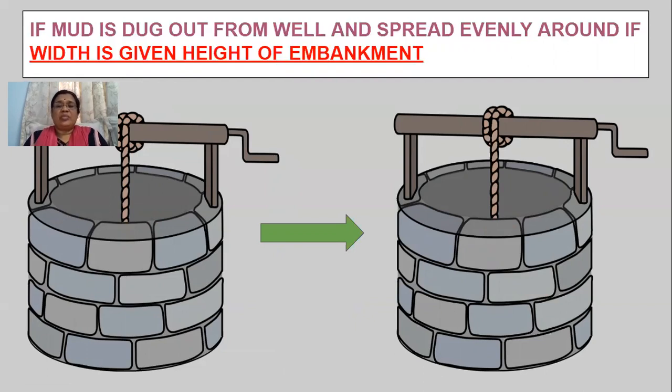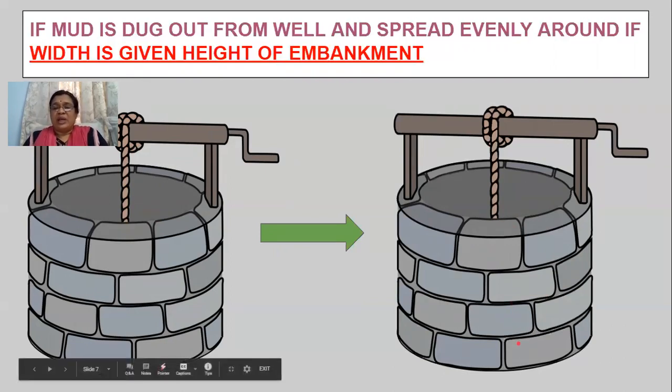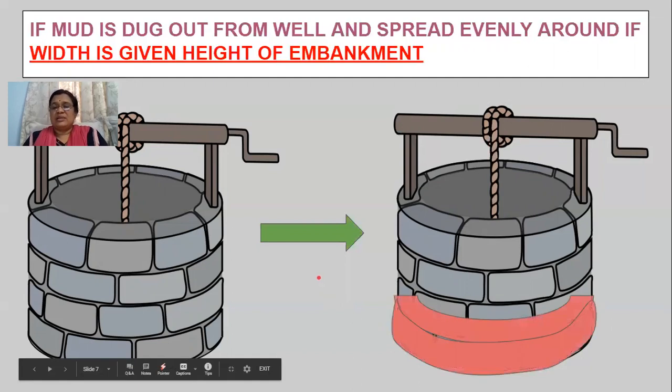When you dig the mud from the well, take out that mud and spread that mud around the well, like this. See how I have drawn. So this is mud. This mud is dug out from the well, and it is spread around the well. So naturally, the mud will form an embankment like this.